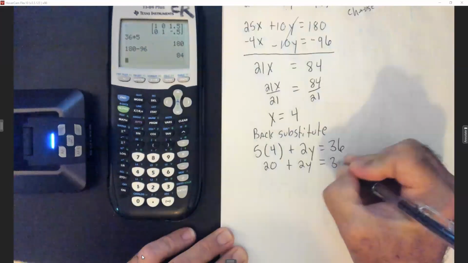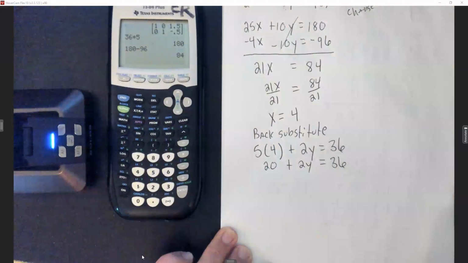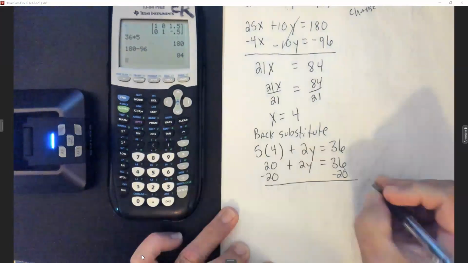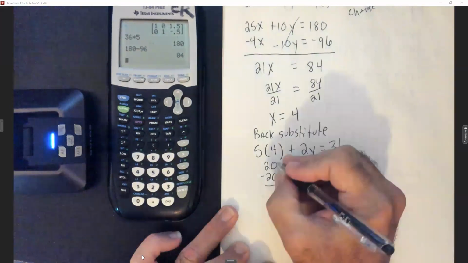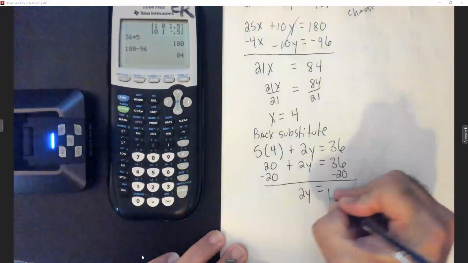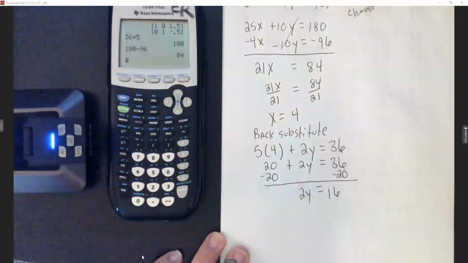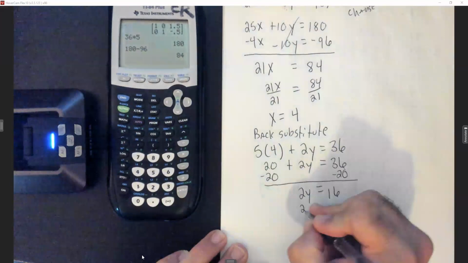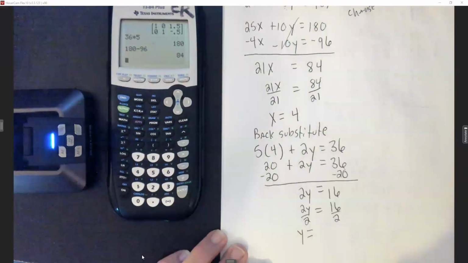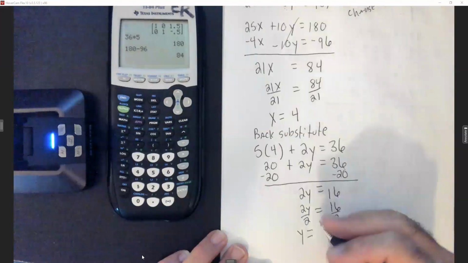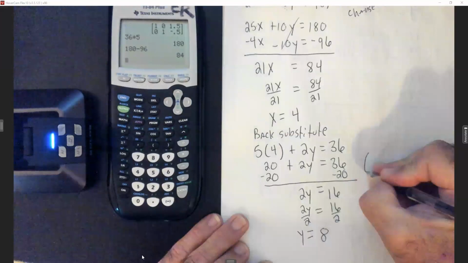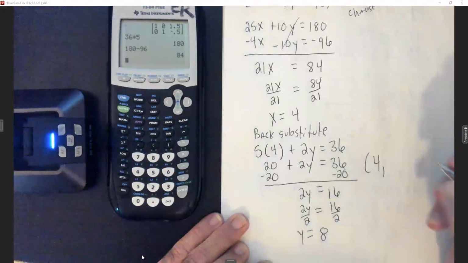I would solve this by subtracting that 20. So y'all, we get 2y, because those cancel. 36 minus 20 will be 16. And then finish out by dividing by 2. So we now know that our y, 16 divided by 2 will give us 8. So this one would be 4, and then your 8.